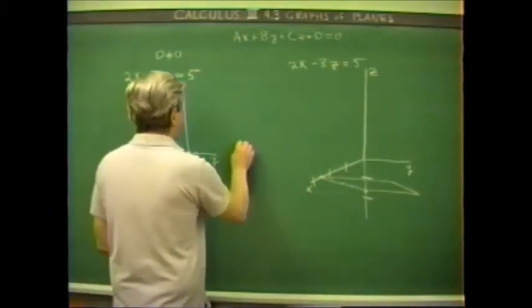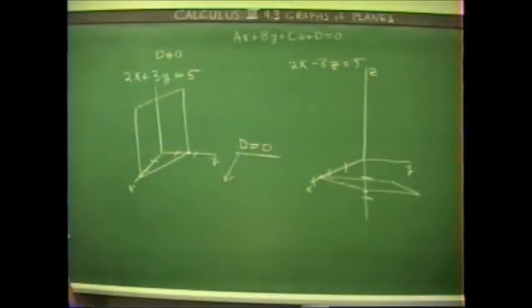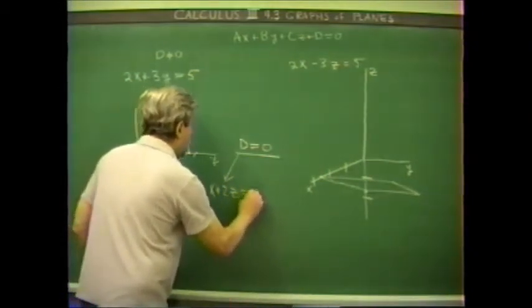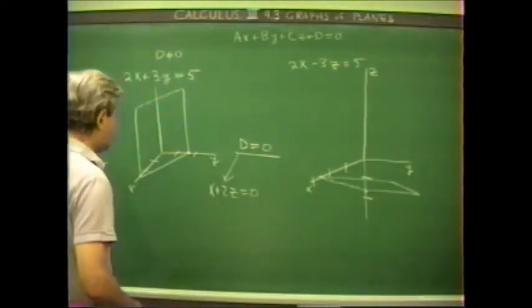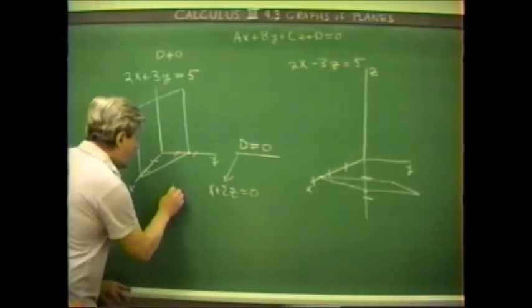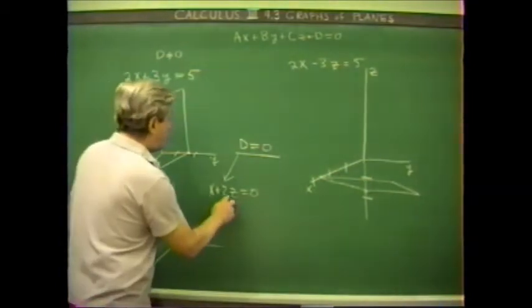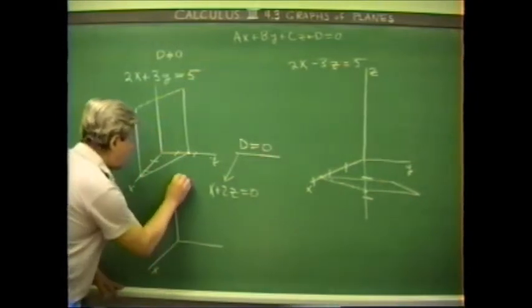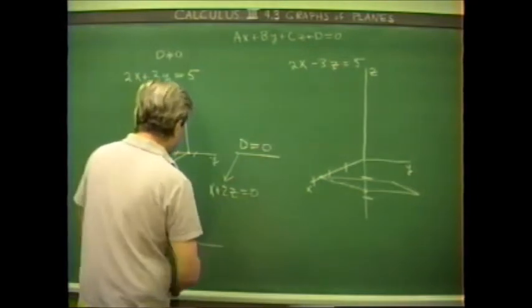Let's look at the case where d is equal to 0. In particular, let's say x plus 2z equals 0. Here we also have y equals to 0. And so if we draw the graph of this line in the xz plane, we've got x is minus 2z.